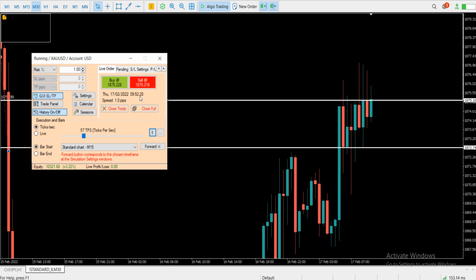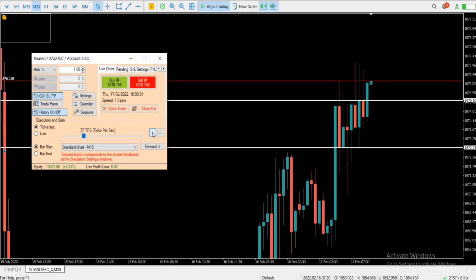Okay, 8 minutes left, 7 minutes left, 5 minutes left, 4, 3, no, the candle rejected, there's nothing. Okay, 1 minute left and the candle closed above resistance.